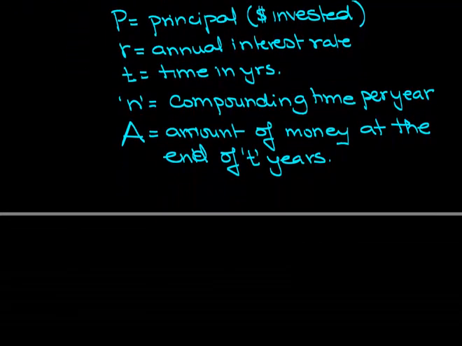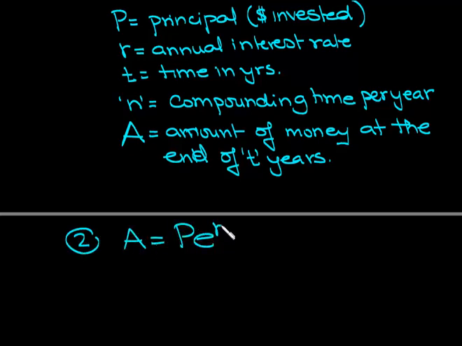The second formula that we're going to use for compound interest is this one. A is equal to P e to the RT. P, R, T and A are exactly the same as before. The only thing that changes is we don't have N, because now the money is compounded continuously.